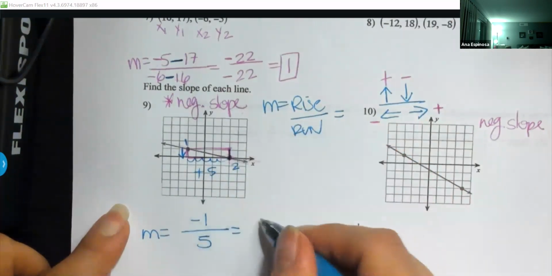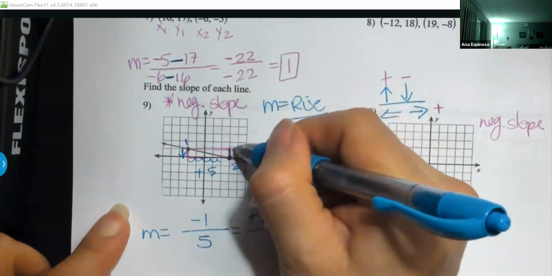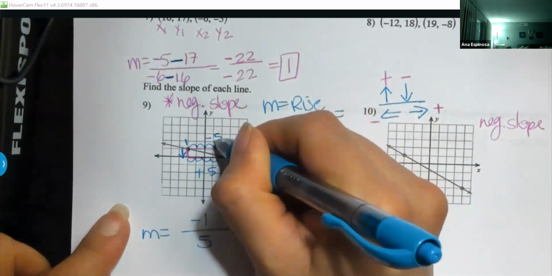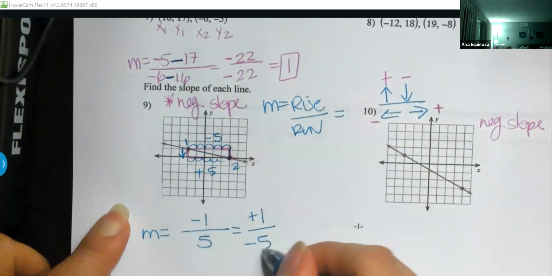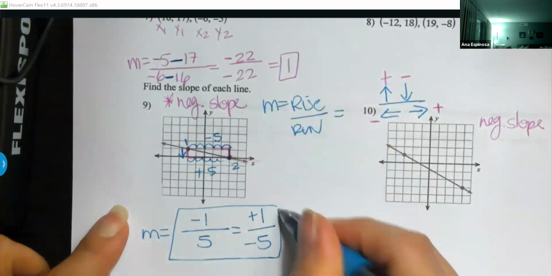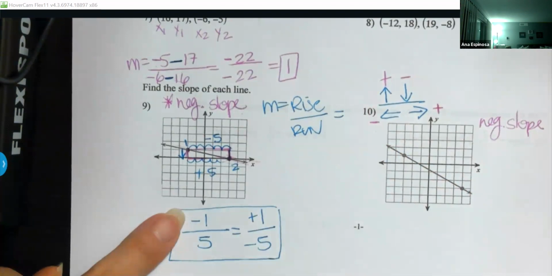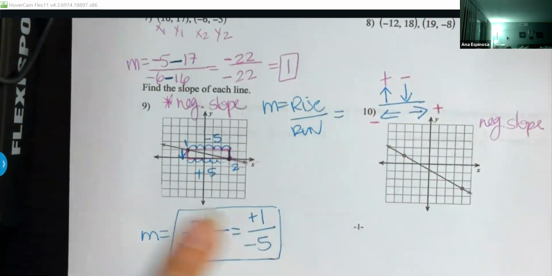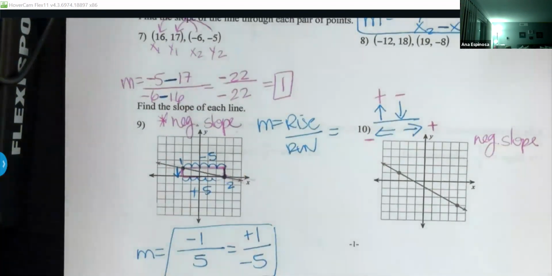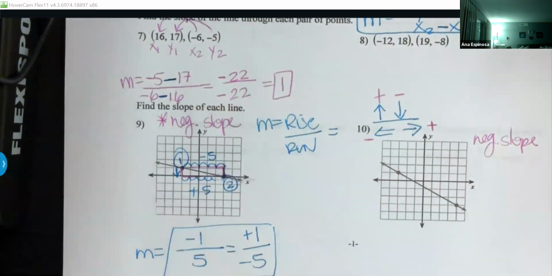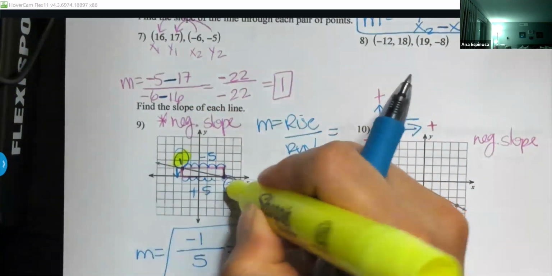I go up 1, but then I go left 1, 2, 3, 4, 5, which means I went 5 to the left. These two are exactly the same. Negative 1/5 or a positive 1 over negative 5, these are both the same. As long as there is one negative, you're good to go. So you can do this either way, from point 1 to point 2 or point 2 to point 1, as long as you put the numbers in the correct place.